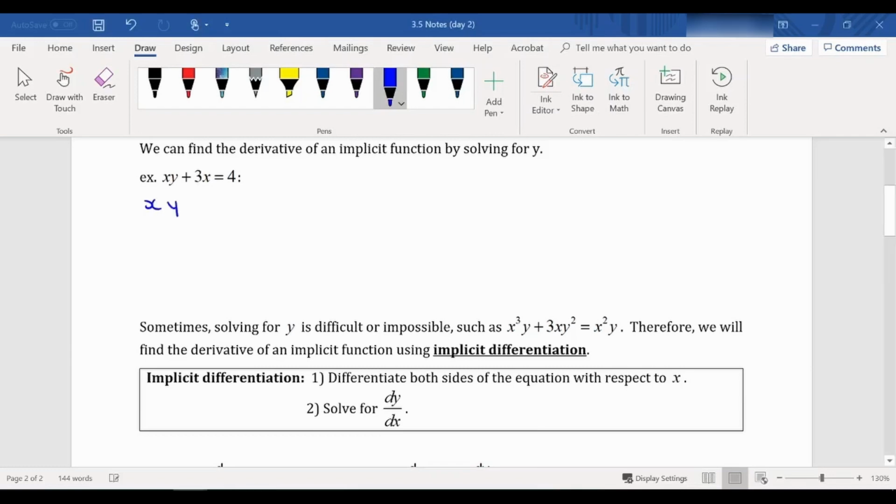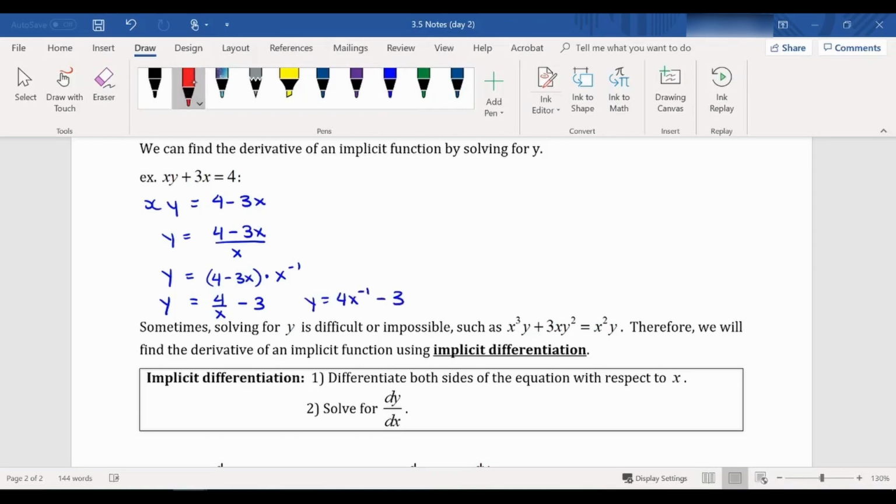So if I want to do that, I can move the 3x over to the other side. I can divide by x. And I can leave it like this, or I can write it as 4 minus 3x times x to the negative 1, or I can write it as 4 over x minus 3, or I can write it as 4x to the negative 1 minus 3.